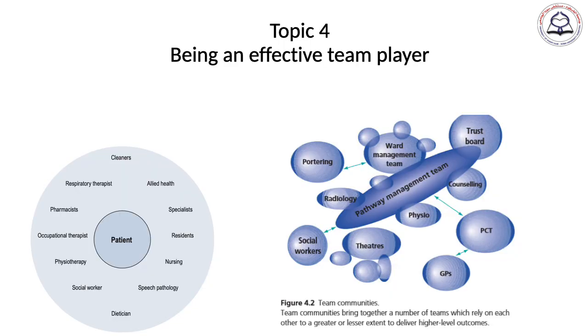Topic 4 is being an effective team player. The patient journey goes through multiple teams: administrative teams, doctors, nursing teams, and multidisciplinary teams. Each team has different players: senior consultant, junior resident, intern, student. Being an effective team player can improve patient safety.